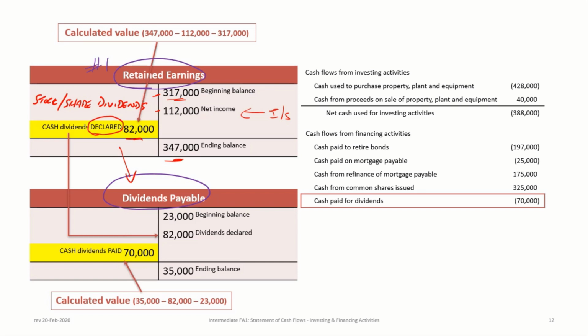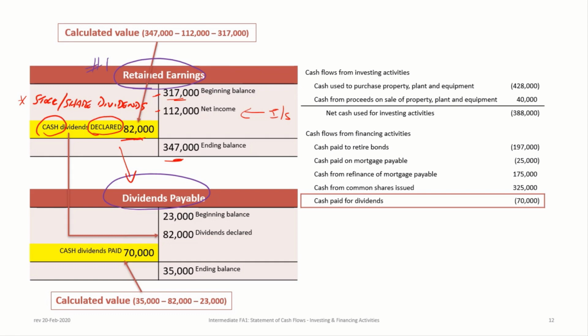If, for example, in this problem, we said that there was a stock dividend that was declared valued at $40,000, then the cash portion would actually be $42,000. So the total dividends, cash plus stock, would equal $82,000, but only $42,000 would be the cash portion. So in this case, we don't have any stock or share dividends, so all of the dividends declared are cash.